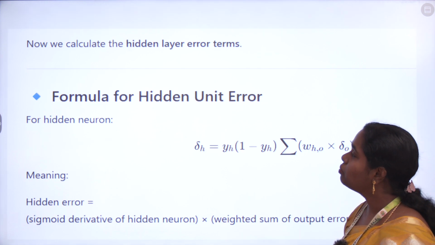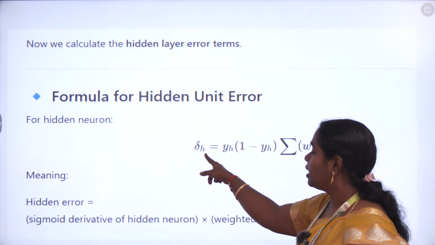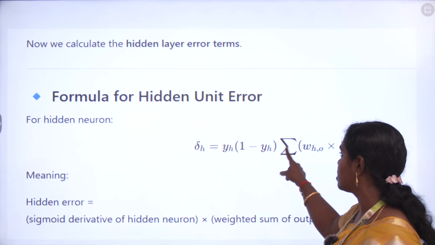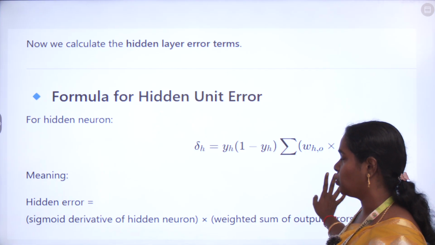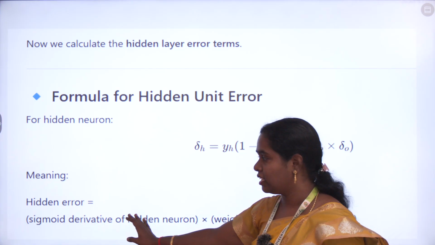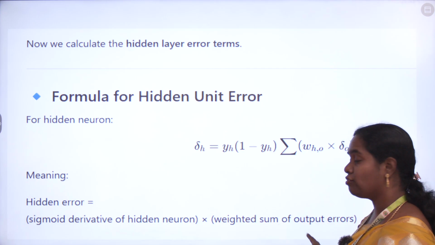Next, the formula for the hidden unit delta. Delta H is equal to YH into (1 minus YH) times the summation of WH,O into delta O. So we are going to find the hidden error: the sigmoid derivative of the hidden neuron times the weighted sum of the output error.